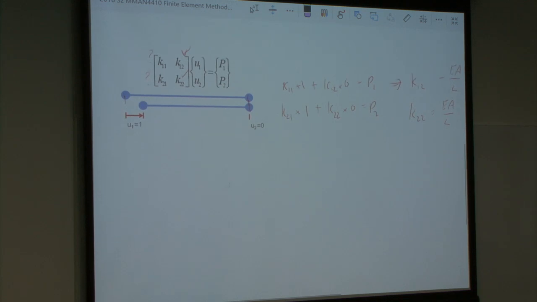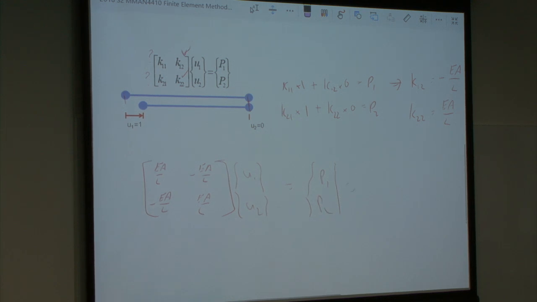And so our final formulation of our stiffness matrix is EA on L, EA on L, negative EA on L, negative EA on L, multiplied by displacements U1 and U2, equals P1 and P2.